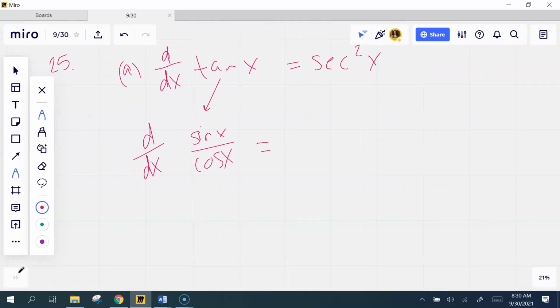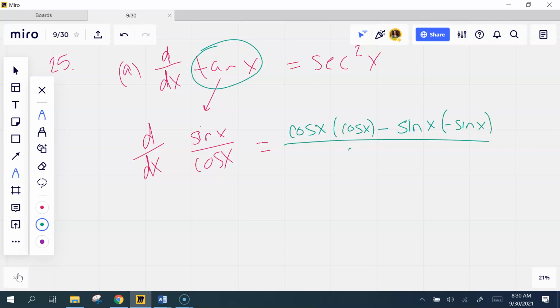Derivative of the top. Are y'all confused? I just rewrote tangent as sine over cosine. Yes. Cosine times the bottom minus the top times derivative of the bottom over the bottom squared.